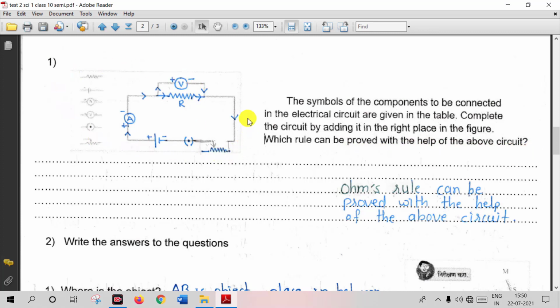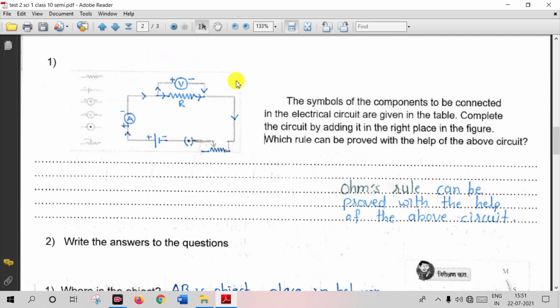And the diagram we completed, we have seen first is resistance, then the electric cell we have drawn here. The ammeter we have drawn here, and the symbol of the voltmeter we have drawn here, and this key, that is the closed key, we have drawn here, and the last is the variable resistance we have drawn here.